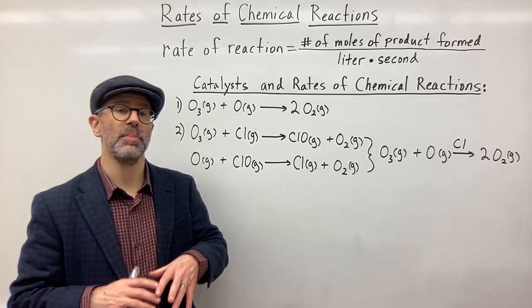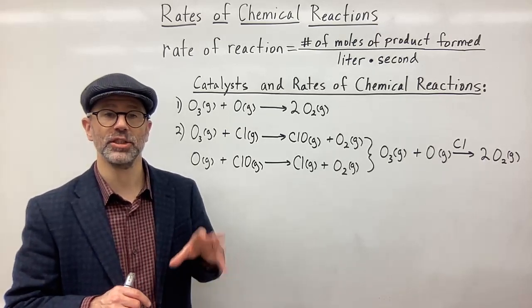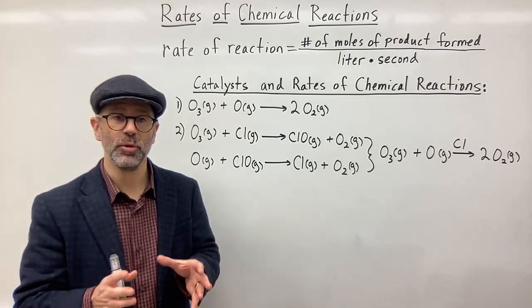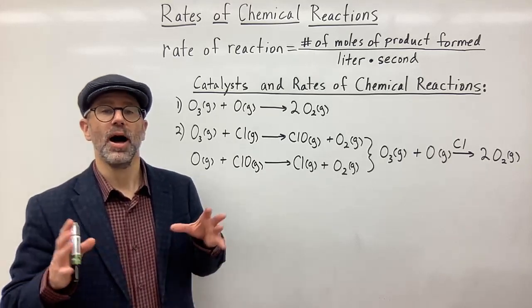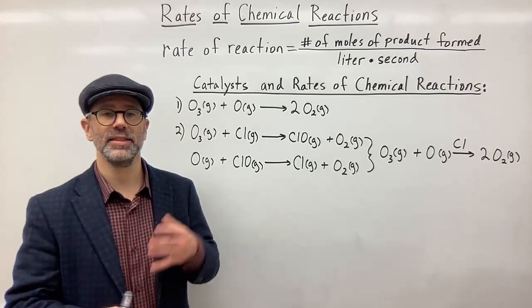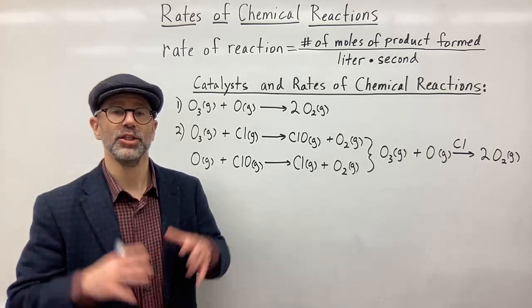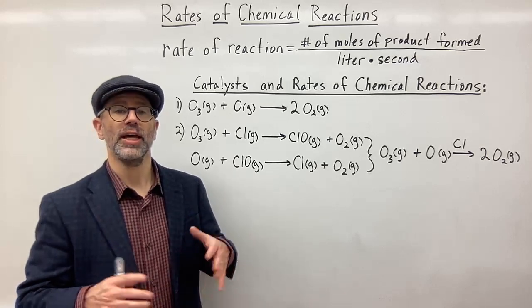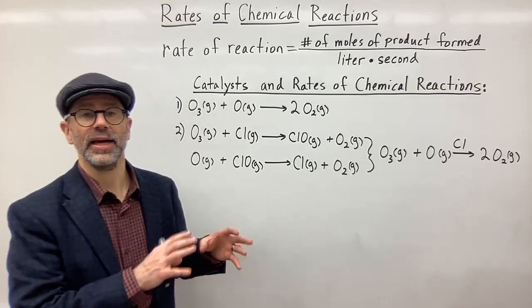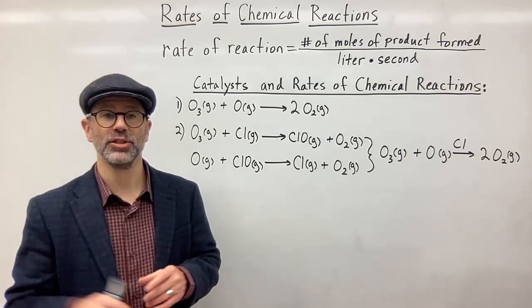It could be used first to cause reactions to be more favorable to making product, to create more favorable collisions. But in the end, the catalyst itself is not used up during the process. So if the catalyst is used in the reaction, then it'll come back out of the reaction later on.